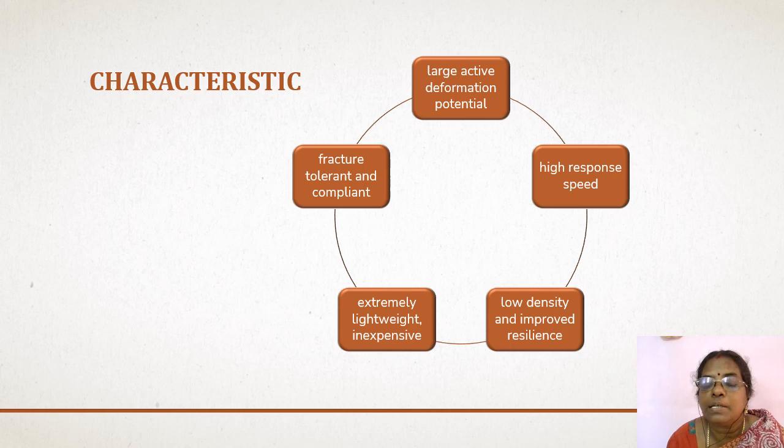Low density and improved resilience find application in various industries. Extremely lightweight and inexpensive. Inexpensiveness makes it applicable in every area. For smart materials, one inbuilt quality should be inexpensiveness. Then fracture tolerant and compliant. It lasts for a long time period.